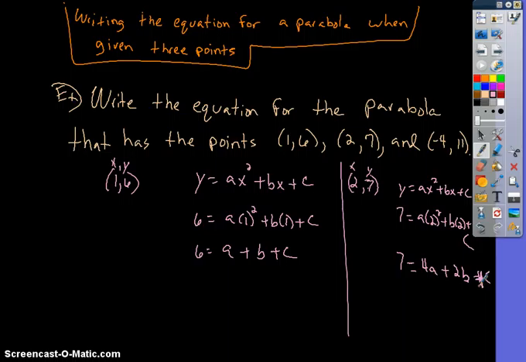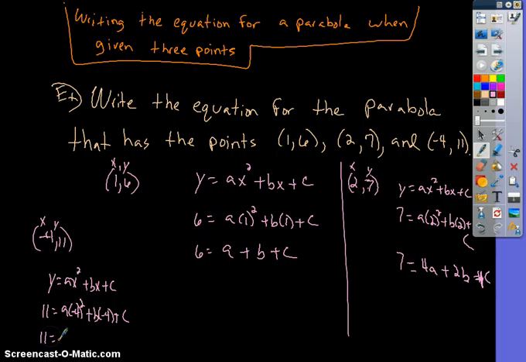I need a third equation, so using this point now, (-4, 11). At (-4, 11), this is x and this is y, so y equals ax squared plus bx plus c. So 11 equals a times negative 4 squared plus b times negative 4 plus c.